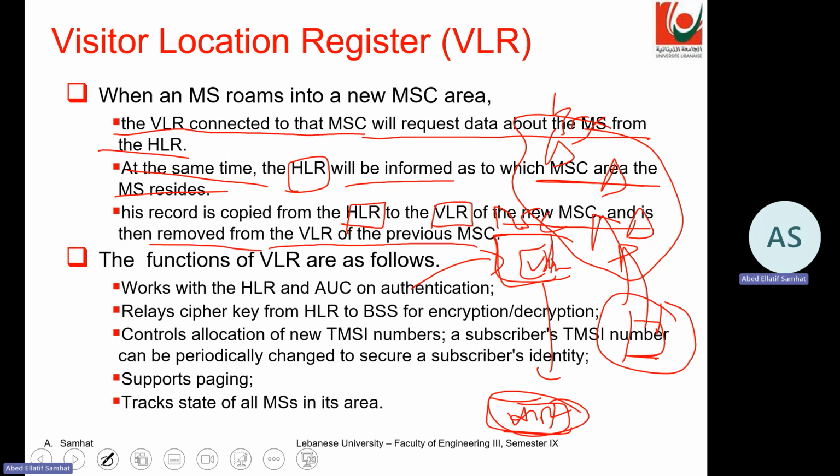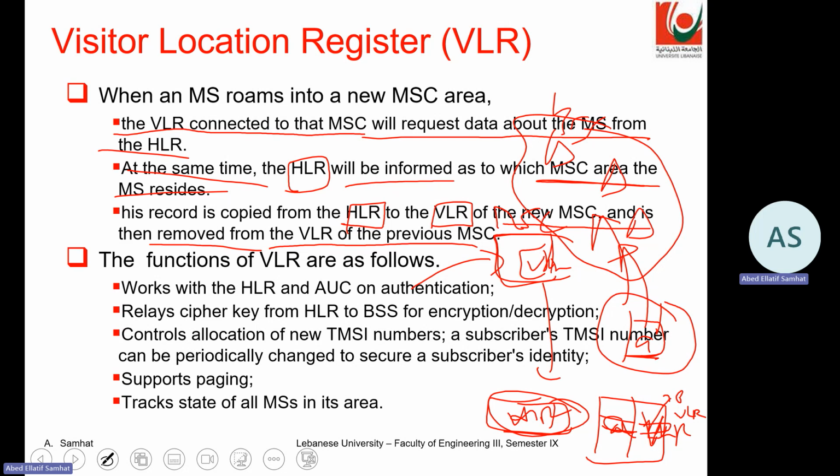So in this case, at the HLR, we know that this device, which is A, was in, let's say, this previous VLR. When receiving the request from the new VLR, the HLR will update and say that A is now with the new VLR.